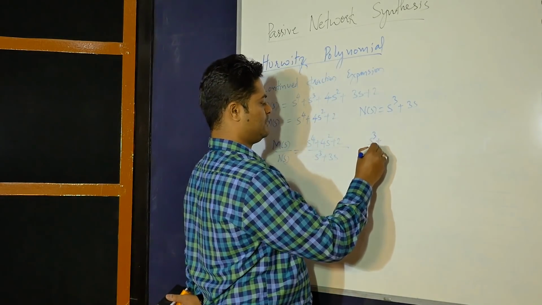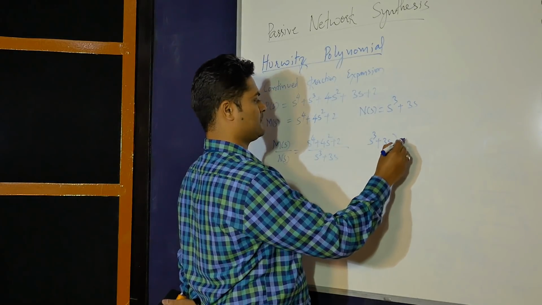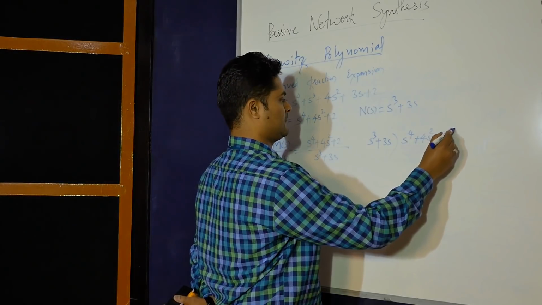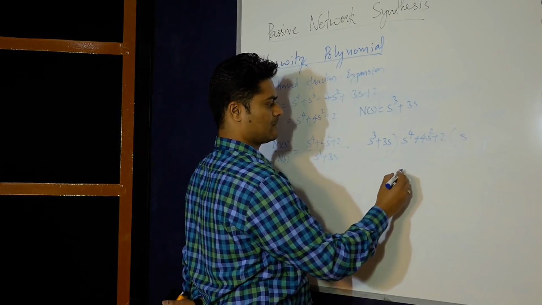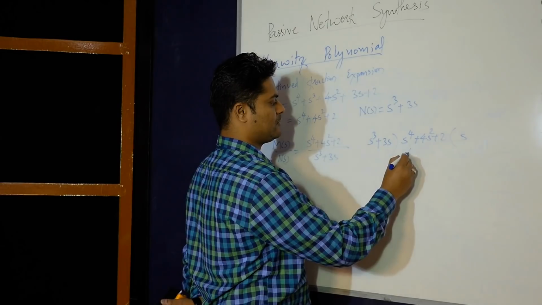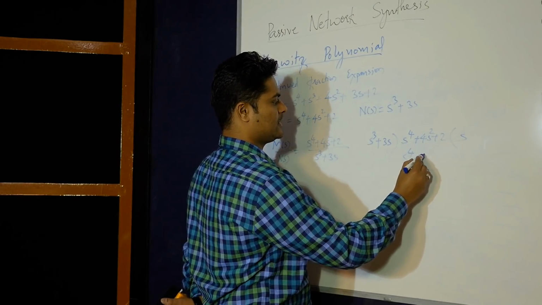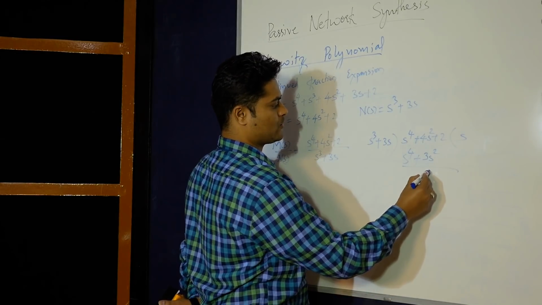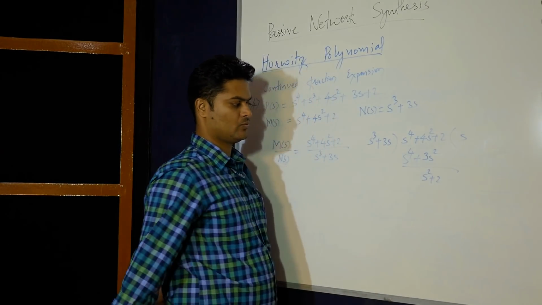So s cube plus 3s. Once you multiply by s, you get s to the power 4 plus 3s square. So you will get the remainder with s square plus 2.